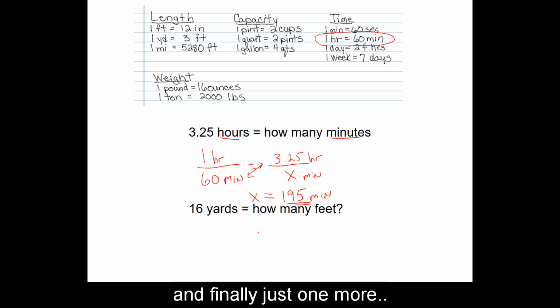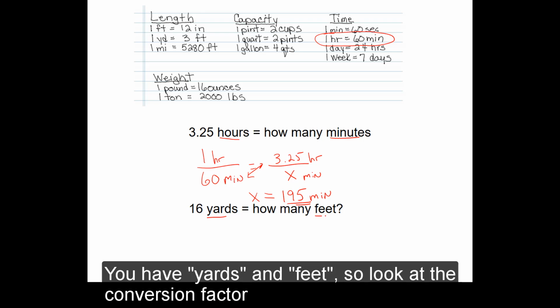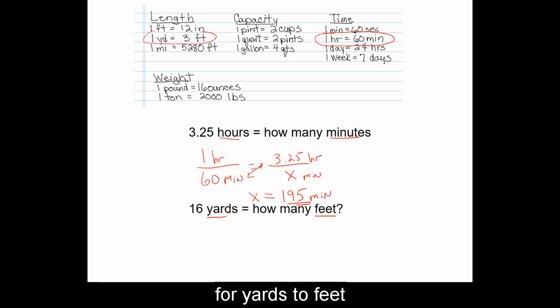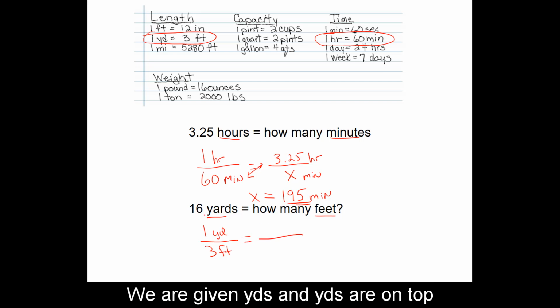And finally, just one more. We have yards and feet. So for length, we look at our conversion factor for yards and feet. 1 yard is equal to 3 feet, so I'll go ahead and write that as a rate. Okay, I've been given yards.